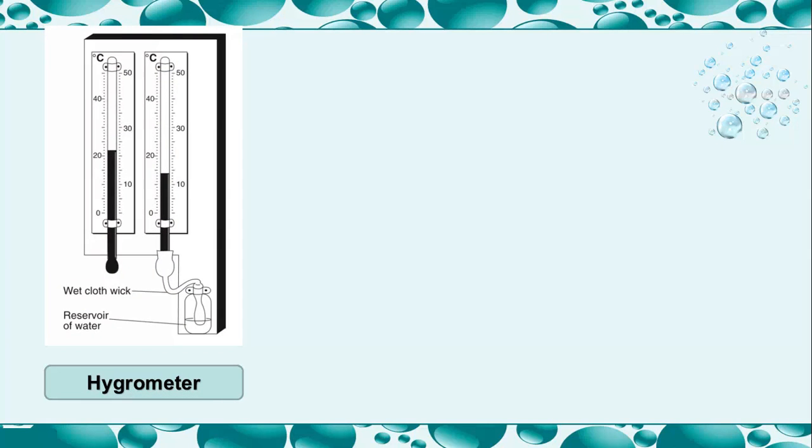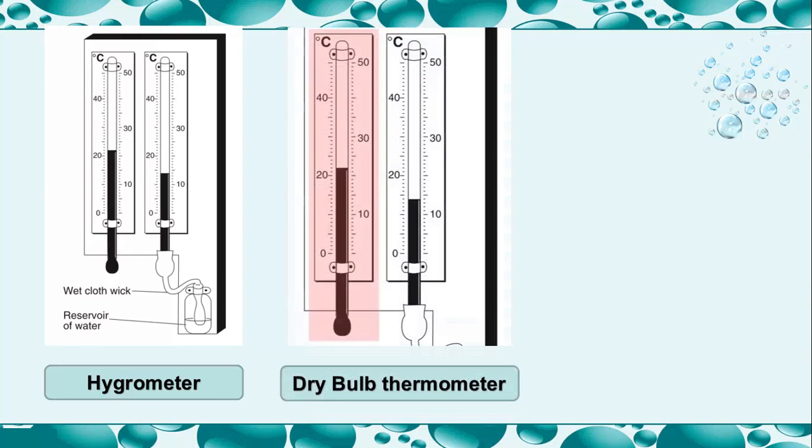Let's take a closer look at the dry and wet bulb hygrometer. As we said earlier, it consists of a dry bulb thermometer, as shown in pink color here.